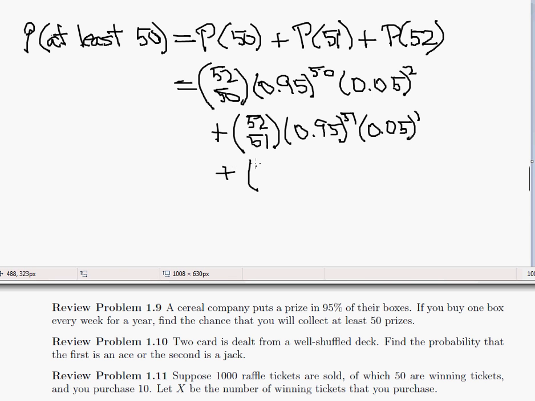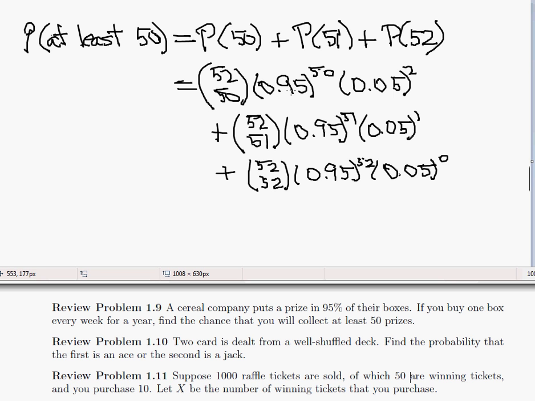And finally, for the last one, we have 52 choose 52 times 0.95 to the 52nd power times 0.05 to the 0th power. In all cases, the exponents add up to 52.